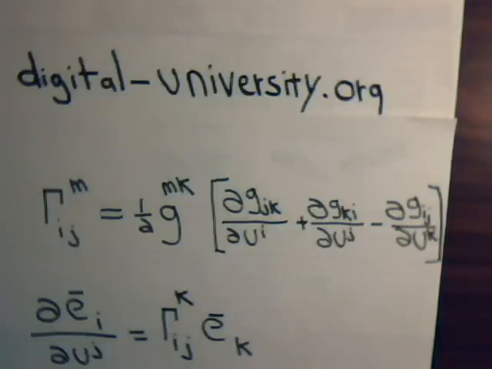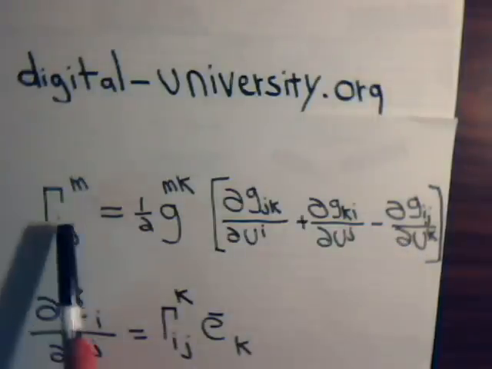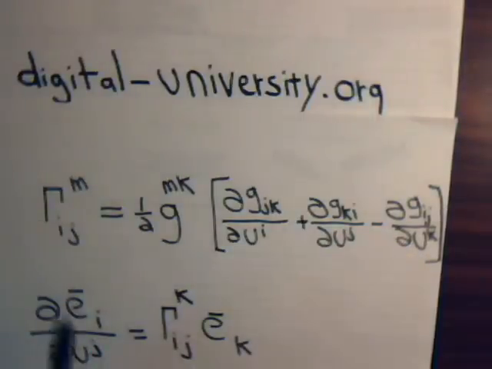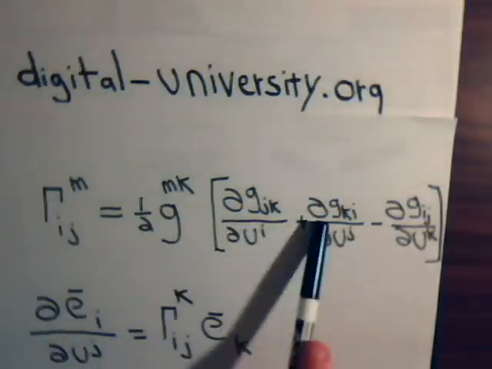Now back in, I think it was video 17, we had derived this equation and introduced the concept of Christoffel symbols. And then in the previous video, number 18, we derived this equation that shows the relationship between Christoffel symbols and metric tensors.